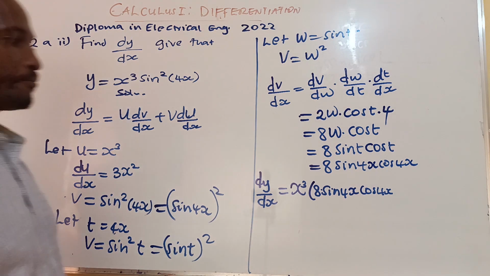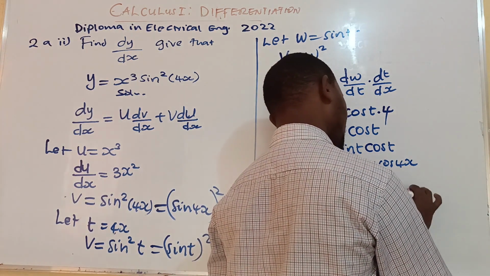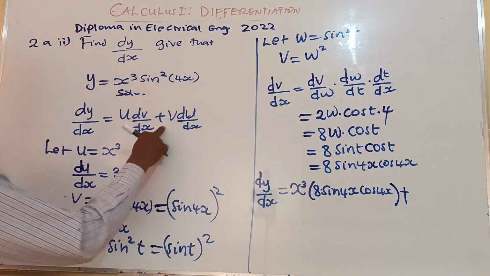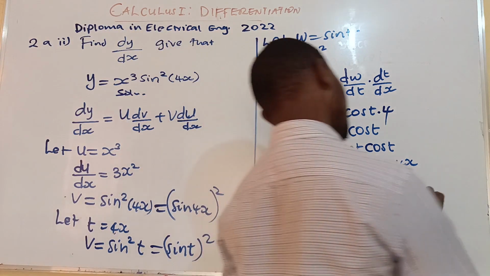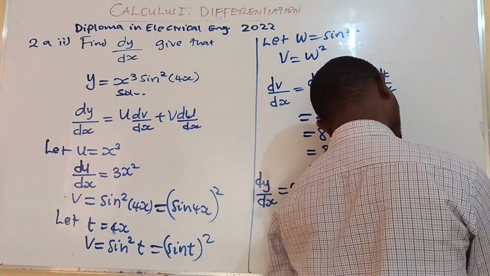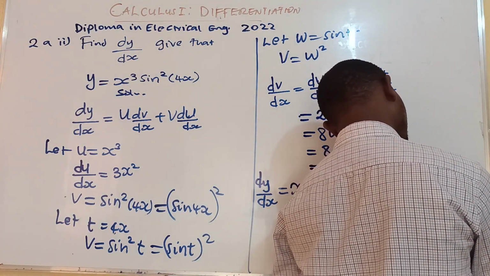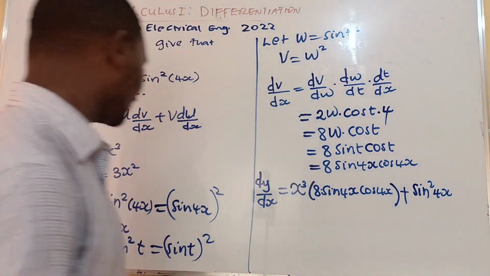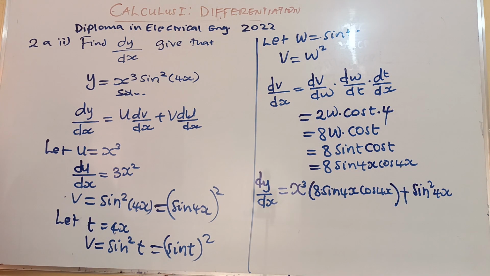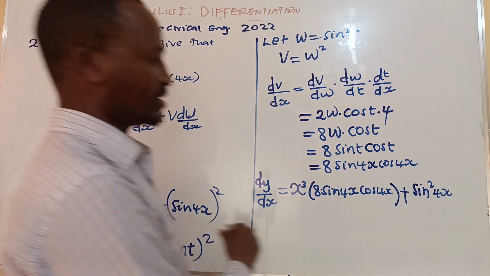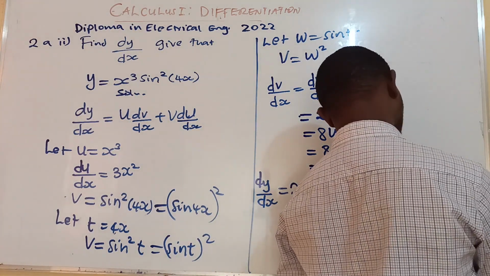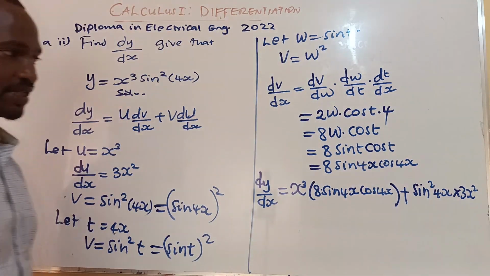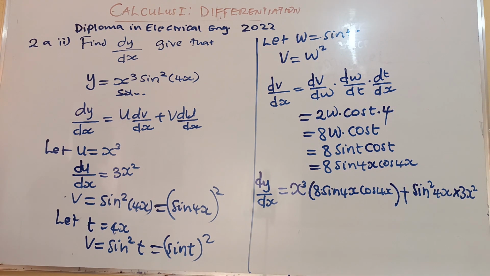And then finally, we are going to add plus v, which is sine squared 4x, times du dx, which is 3x squared. So do you have any common factors? We can factor out.